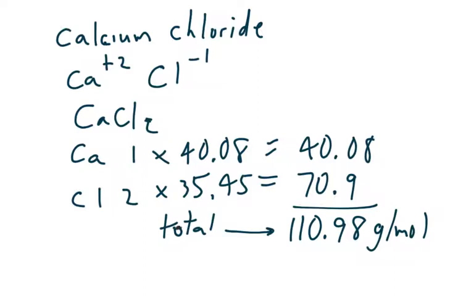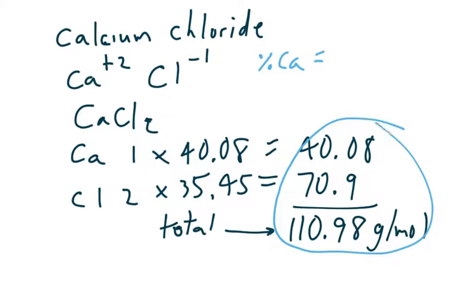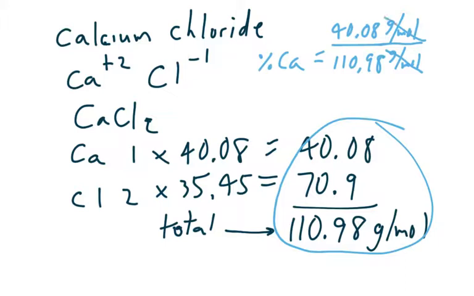Now, this is going to be the total. There are 2 elements here, so I'm going to give you 2 answers. To find the percentage of calcium, you do the part of calcium. You're going to look at this part right over here. So it's the part of calcium, which is 40.08, over the total. Now, the units are going to end up canceling. When you find percentages, you're going to see that there are no units.